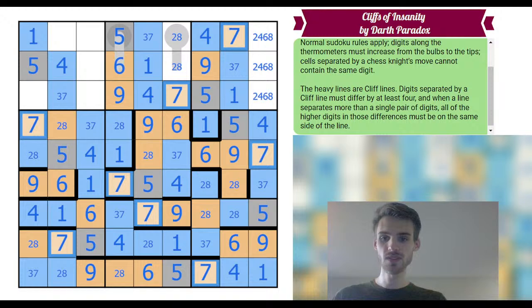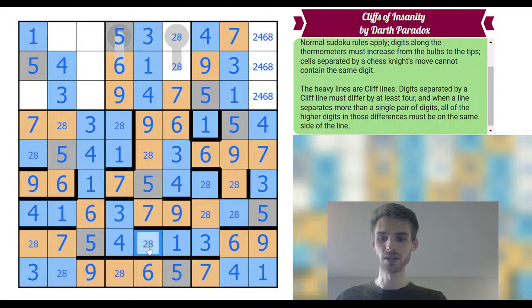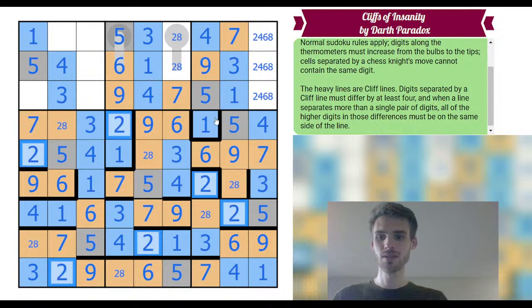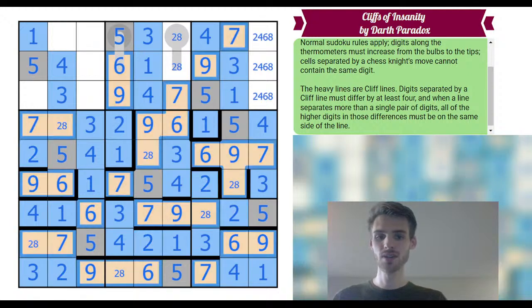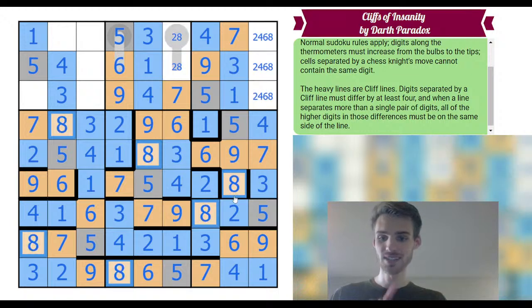Those are 7s. These are 3s. Control clicking. I don't think you can do that systematically. Those are 2s, and these are 8s.